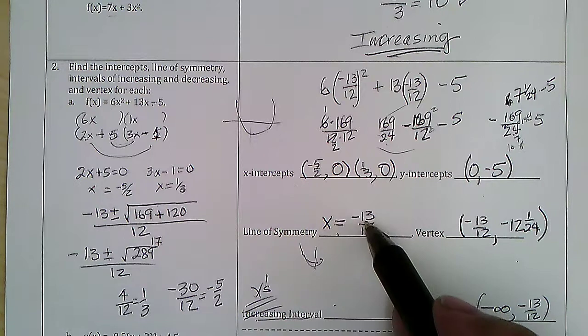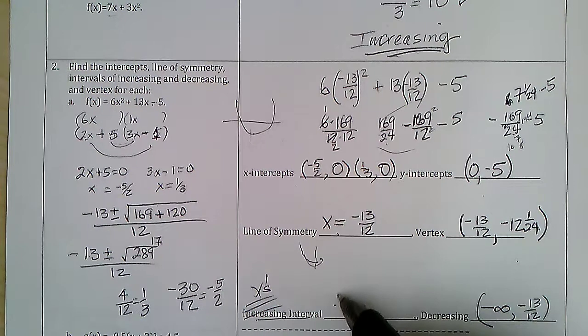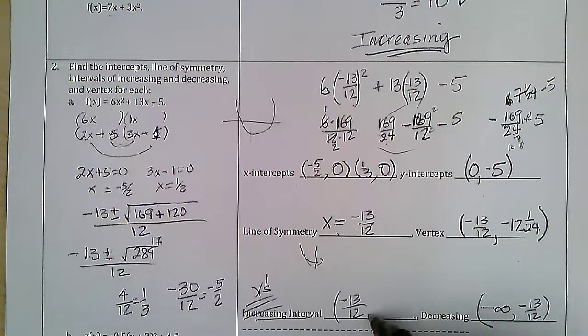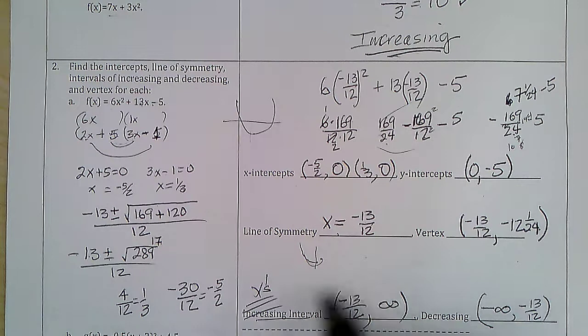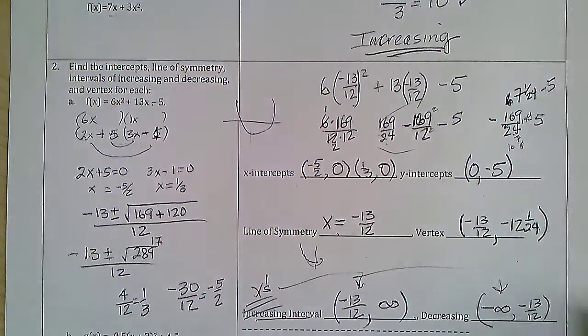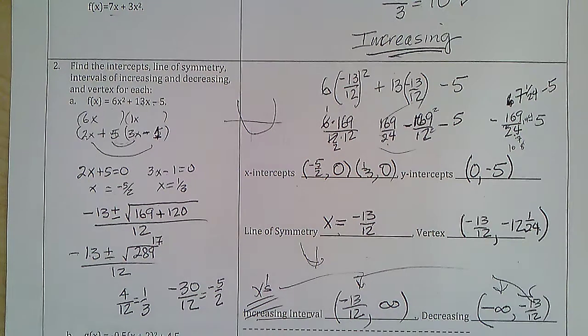Then it transitions at negative 13/12, and then from negative 13/12 on over this way, it's increasing. But we always do this in terms of the x's. Some of you tried to do them in terms of the y's, x's. Okay, that's 2a.